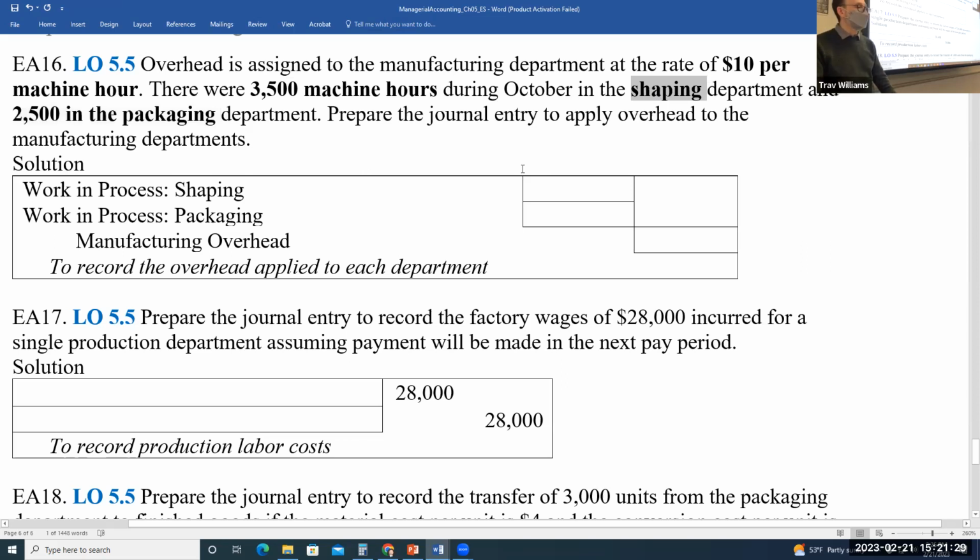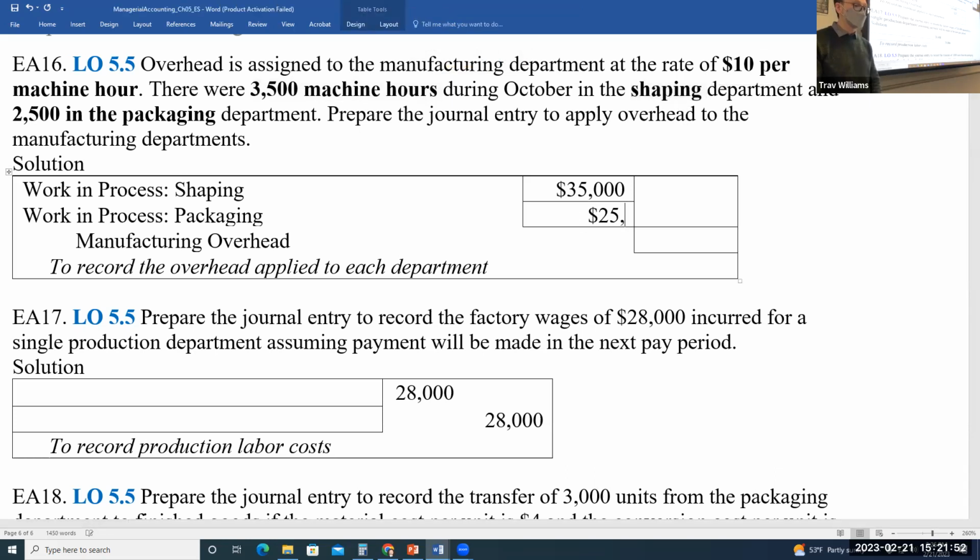So what would be the total manufacturing overhead for October for the shaping department? Okay, there were 3,500 machine hours in the department times $10 per hour. We can do the same thing for packaging. They had 2,500 hours times $10, so that's 25,000.